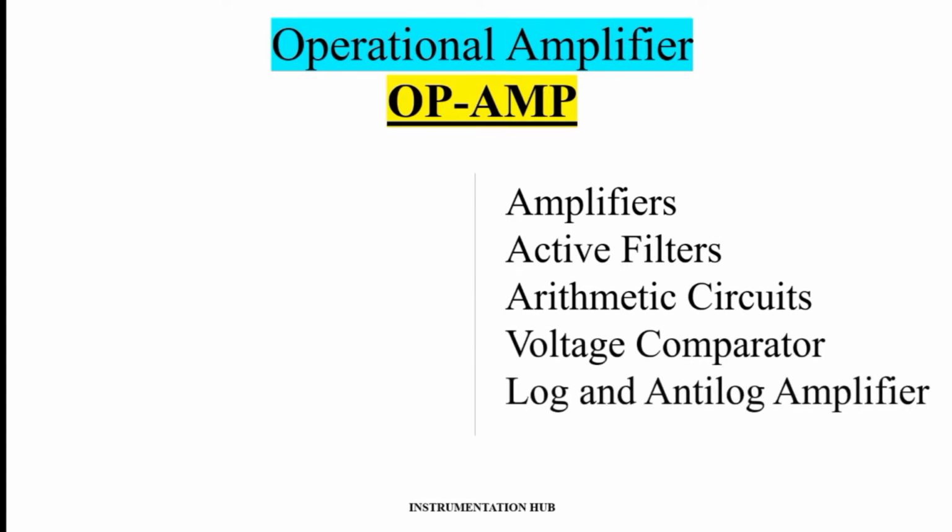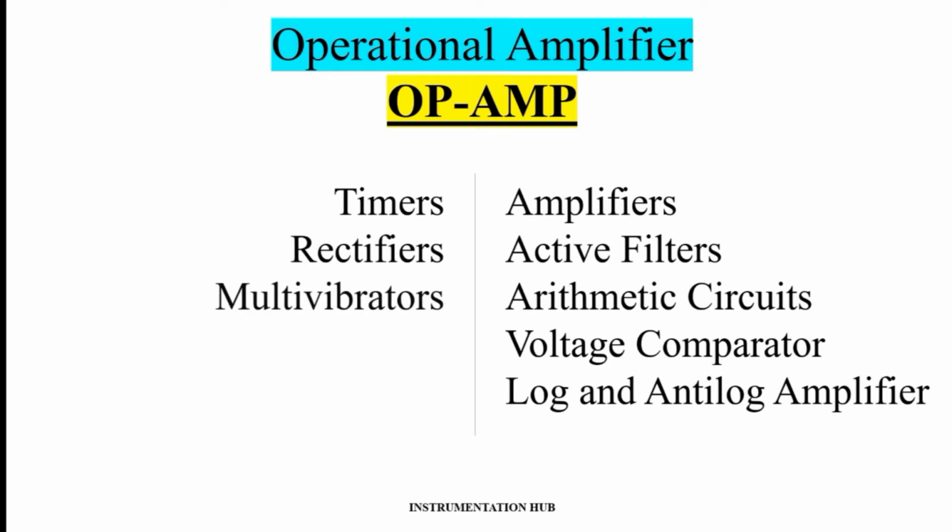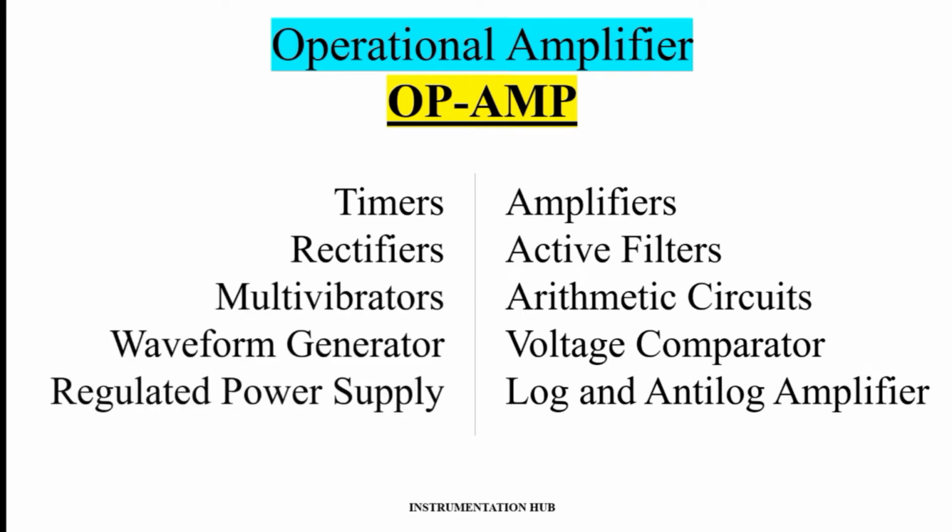Apart from this, there are many more like timers, rectifiers, multivibrators, waveform generator, regulated power supply. So the single component, which is OPAMP, is used to construct all these circuits. From this you can understand how important OPAMP is in the field of electronics.